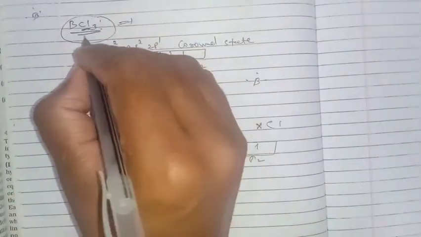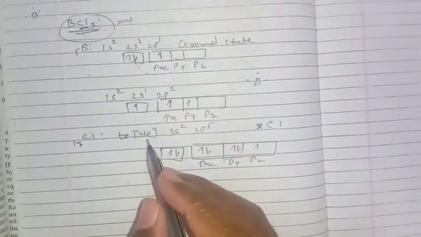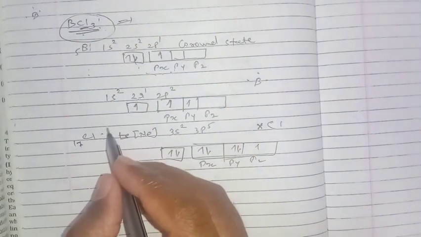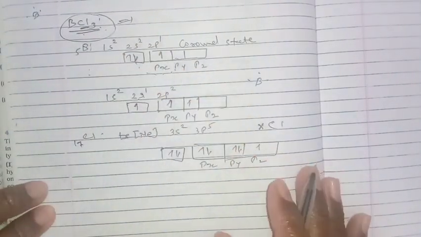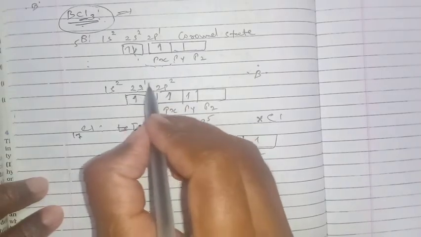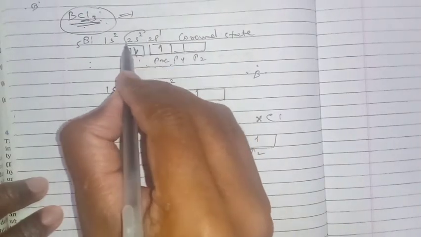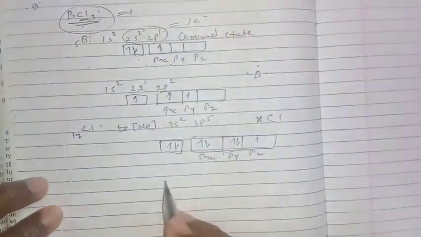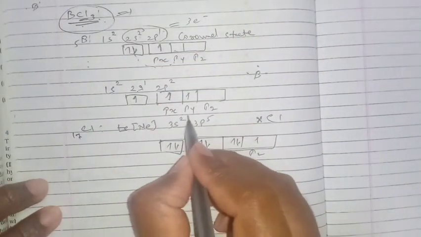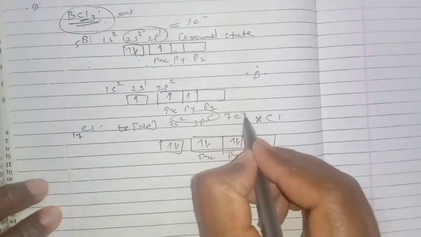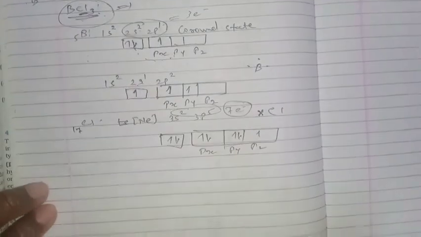Now, how can you easily find out which type of hybridization takes place in a particular molecule? For boron, in the valence shell there are 2 plus 1, 3 electrons. Chlorine has 7 electrons in the valence shell.